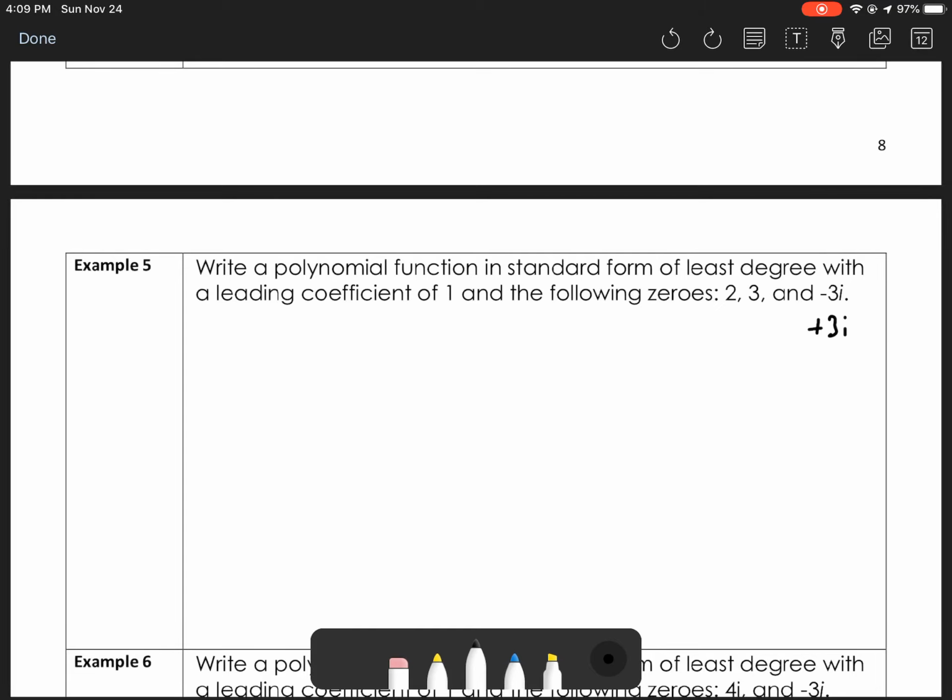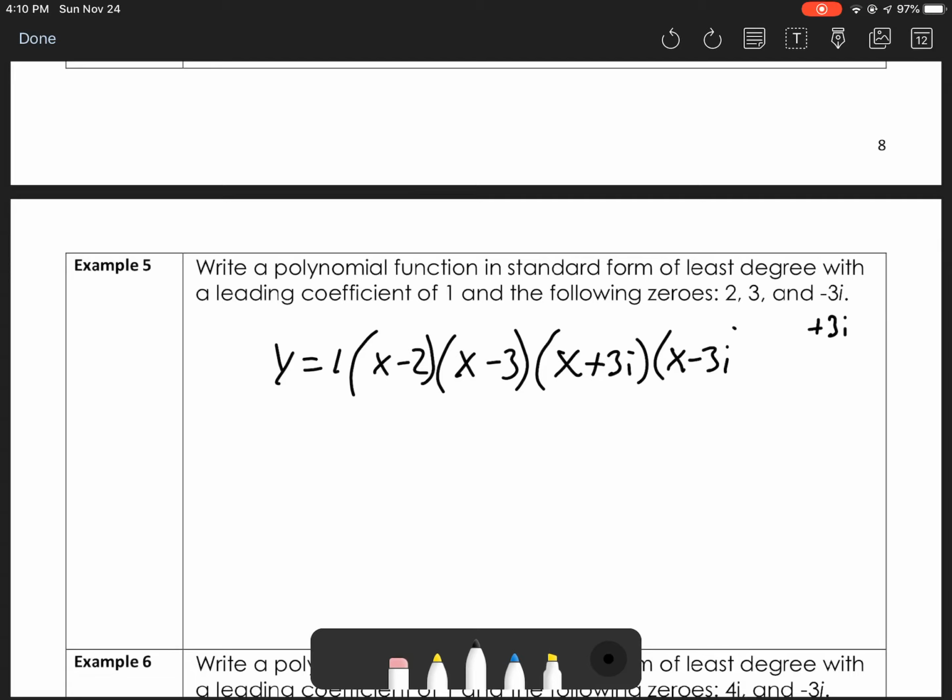So in actuality, we have 4 zeros on this problem rather than just the original 3. So it's going to be y equals 1, x minus 2, x minus 3, x plus 3i, and then x minus 3i.